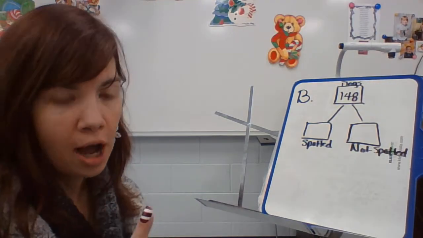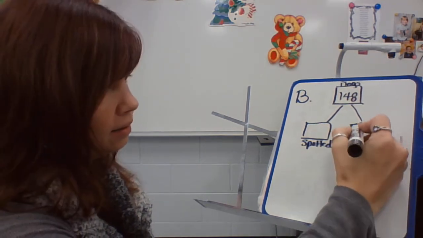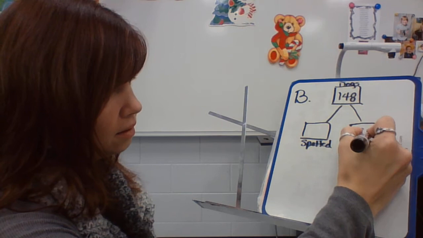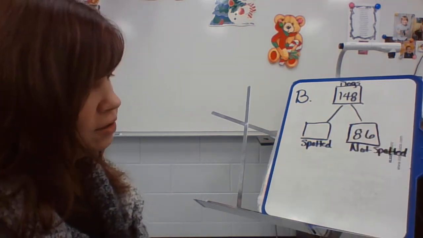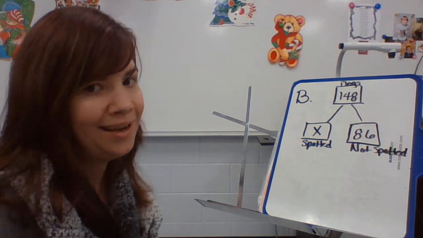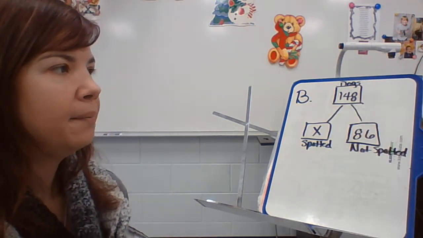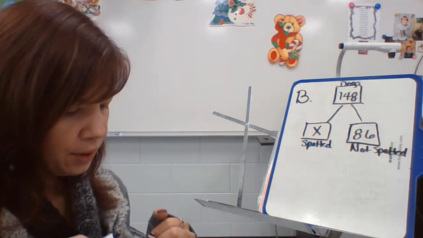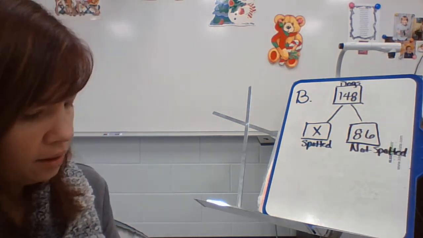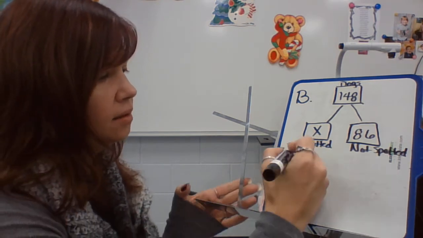86 are not spotted. Okay, so I'm going to put that in the not spotted. How many are spotted? We don't know this, so that's where that X comes in. And it could be any letter. A lot of times it will be an X. Right? So there it is all set up. So the first thing we wanted was a missing addend sentence.